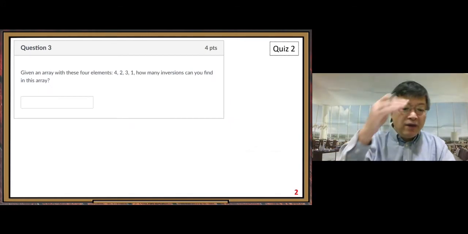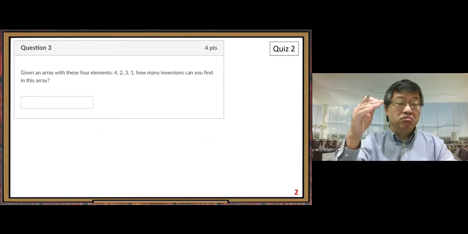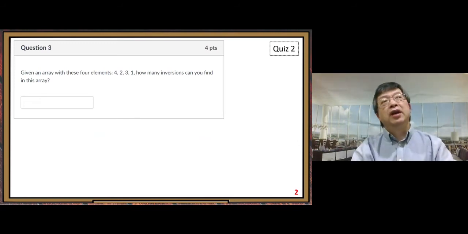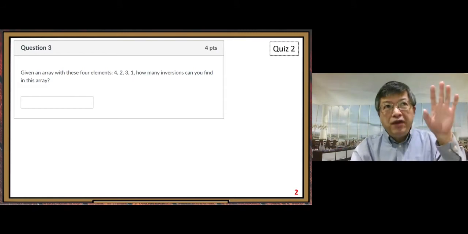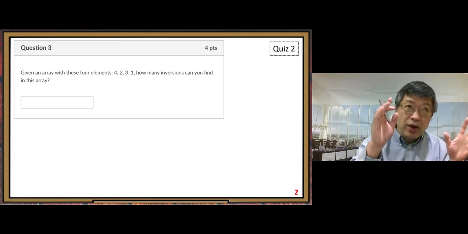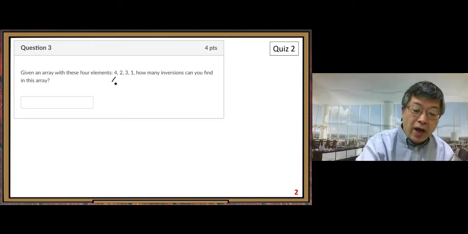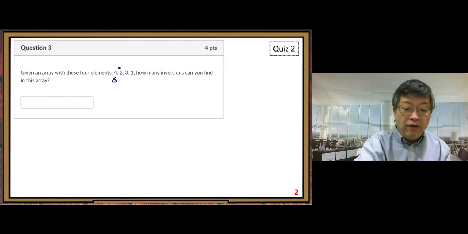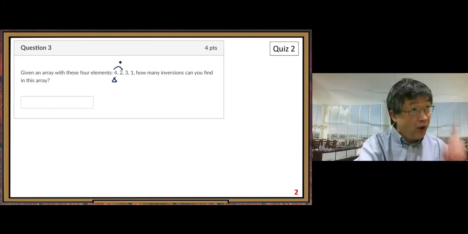Number 3, given an array with these 4 elements, how many inversions can you find in this array? Check your understanding of the definition of inversion. What is inversion? All right, so we count in this way. First, we count based on the first element 4. Compare 4 and 2, 1 inversion. 4 and 3, another inversion, accumulative. 4 and 1, another.